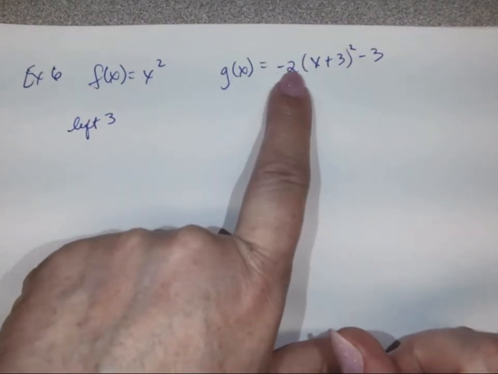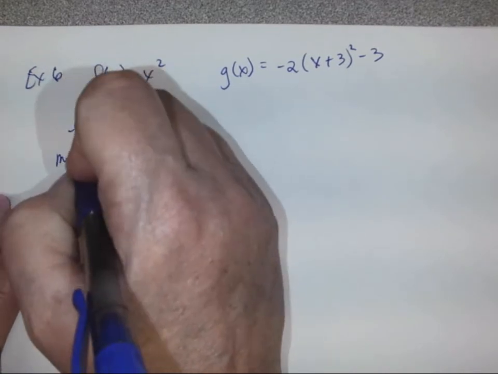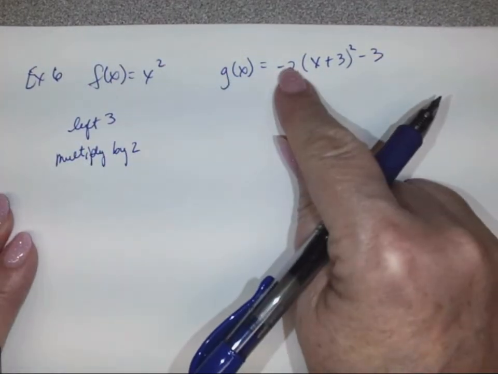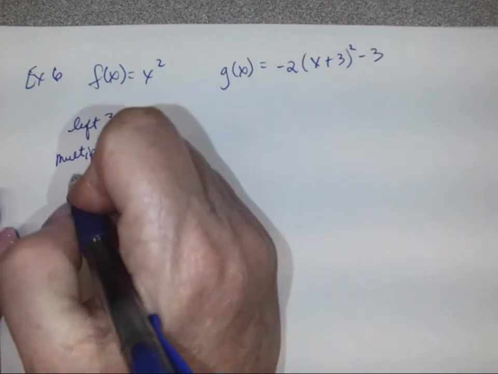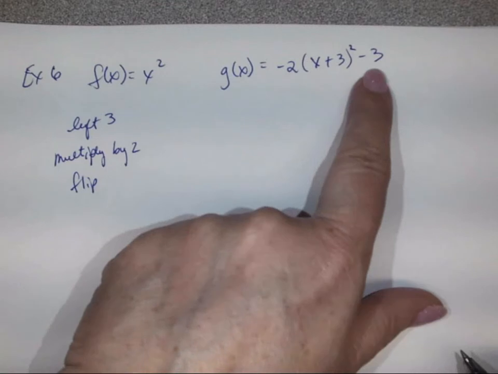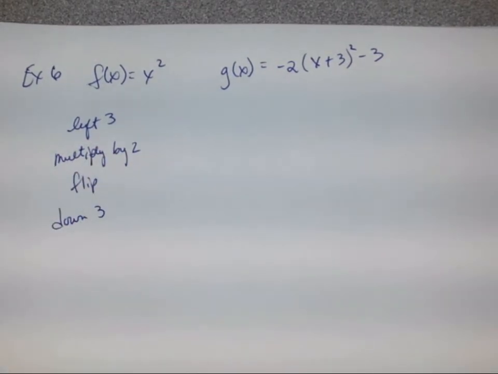So this is going to tell us that we're going to multiply by 2. This one tells us we're going to flip it because we're going to reflect it. So we're going to call that flip or reflect. And then this tells us we're going to go down 3.